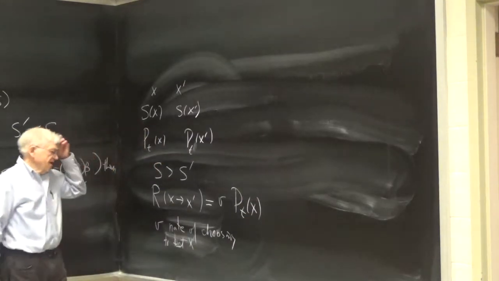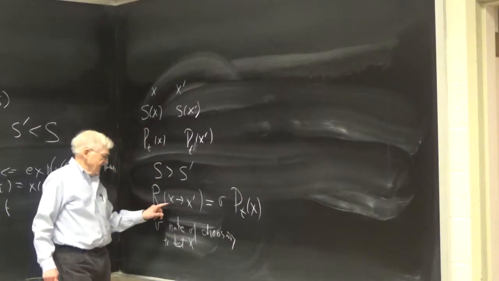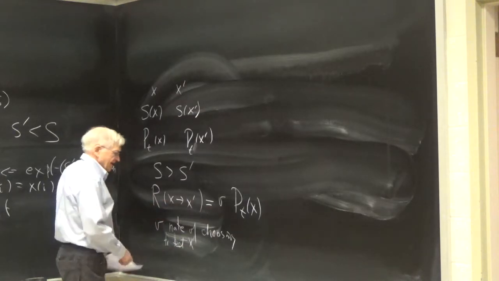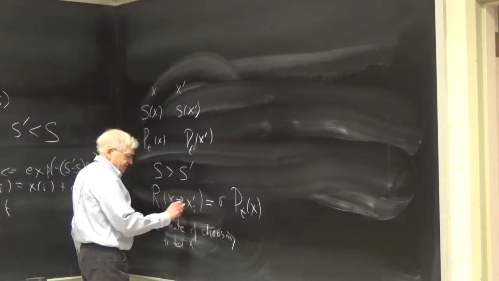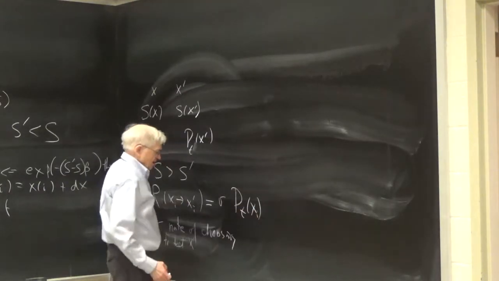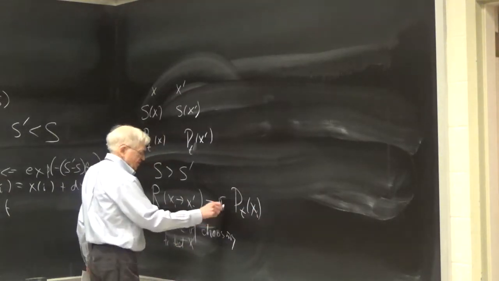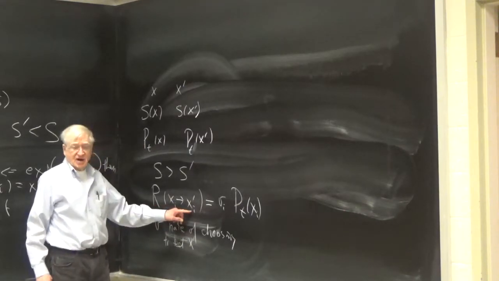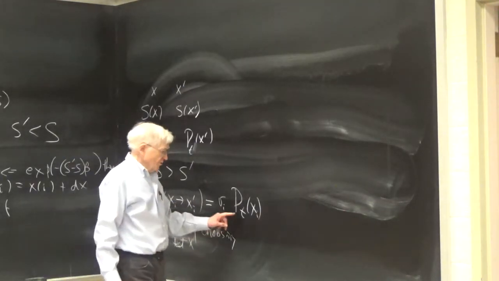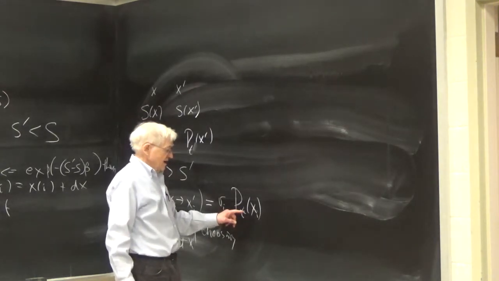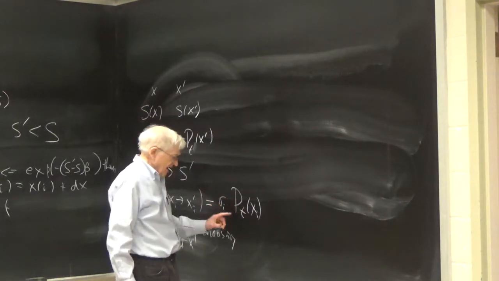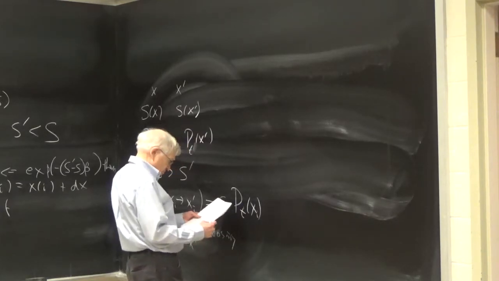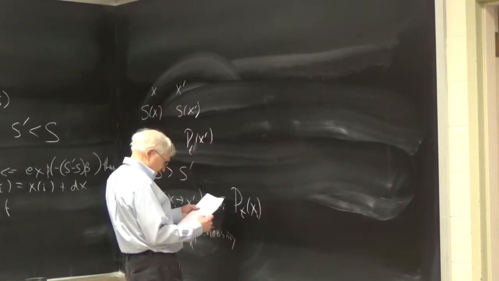So in other words, the rate at which you would change the value xi to xi prime, maybe I should put an i on this.